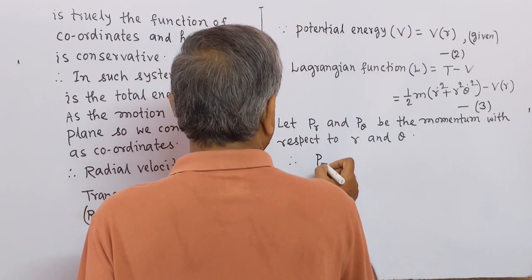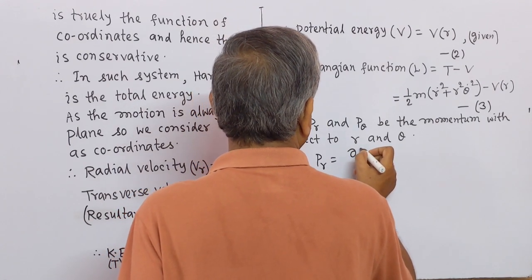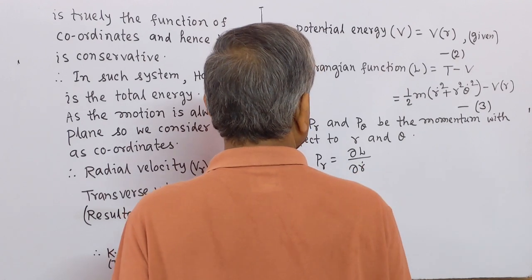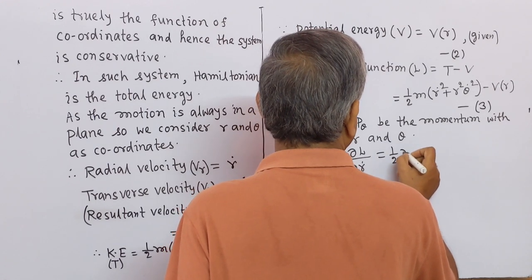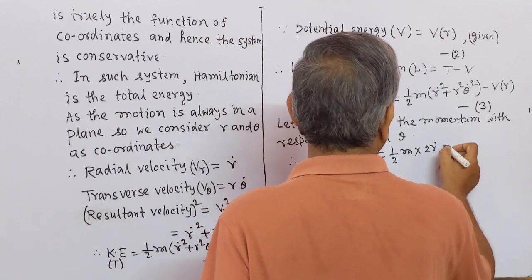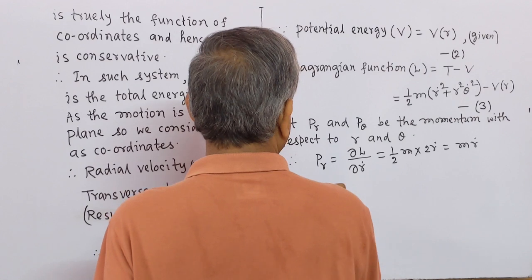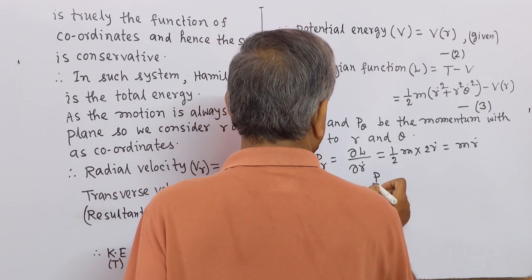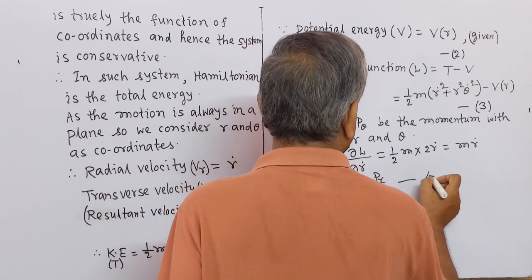Therefore Pr equal to the partial derivative of L with respect to r dot, and this will be equal to half m multiplied by 2 r dot, that means m r dot, which implies that r dot equal to Pr by m. Let this be number 4.